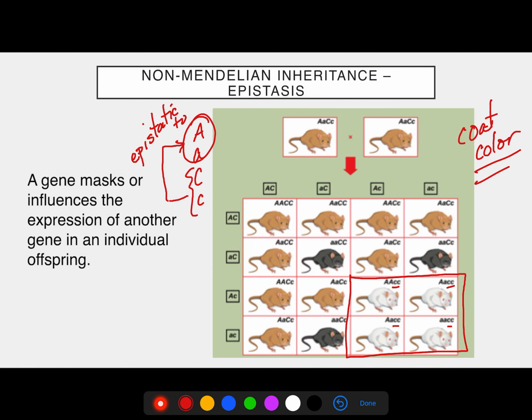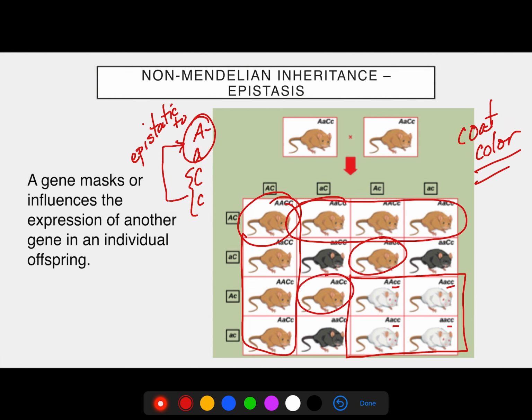Well, all of the mice that have brown coat color, if you'll notice, all have at least one dominant allele. So dominant must be brown. All of the ones that are darker coat color have no dominant A allele. So that must mean that these are black. And that's how that works.